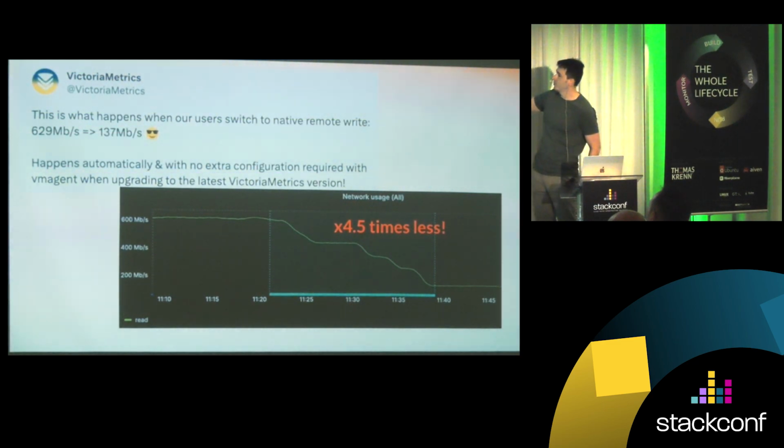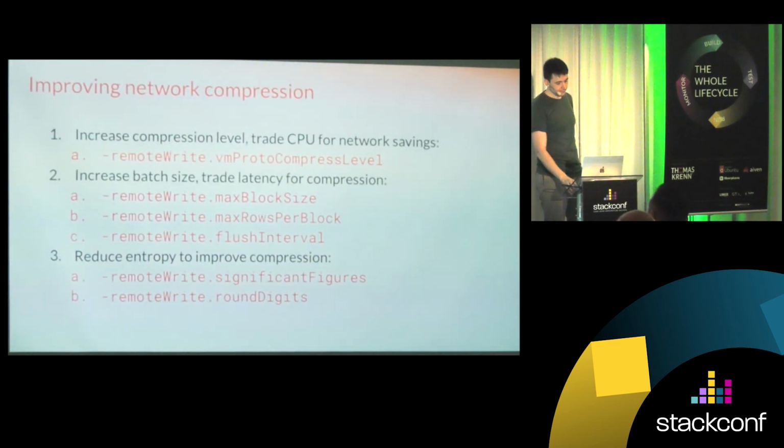So this is a screenshot from one of VictoriaMetrics users who just updated to the latest version. And that's what they sent us. They got a reduction in the traffic from 600 megs to 130 megs, which, of course, reduces their billing costs.